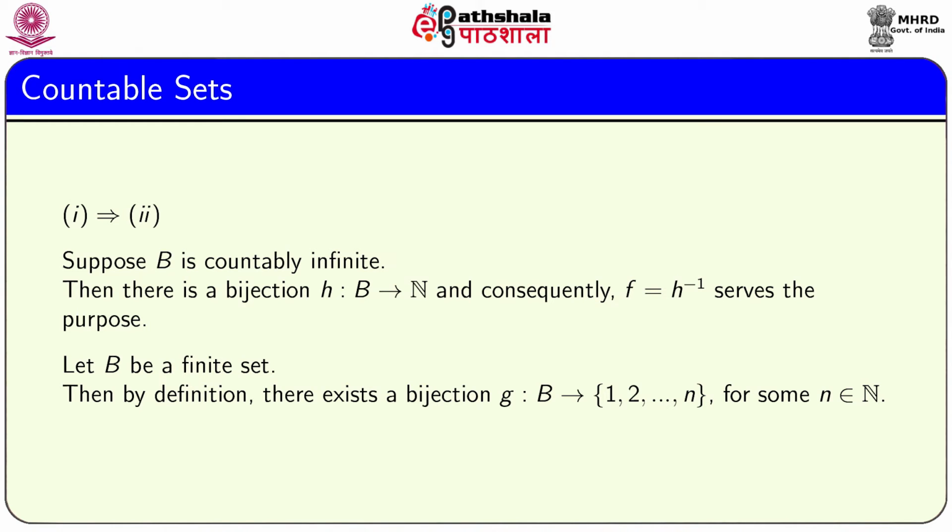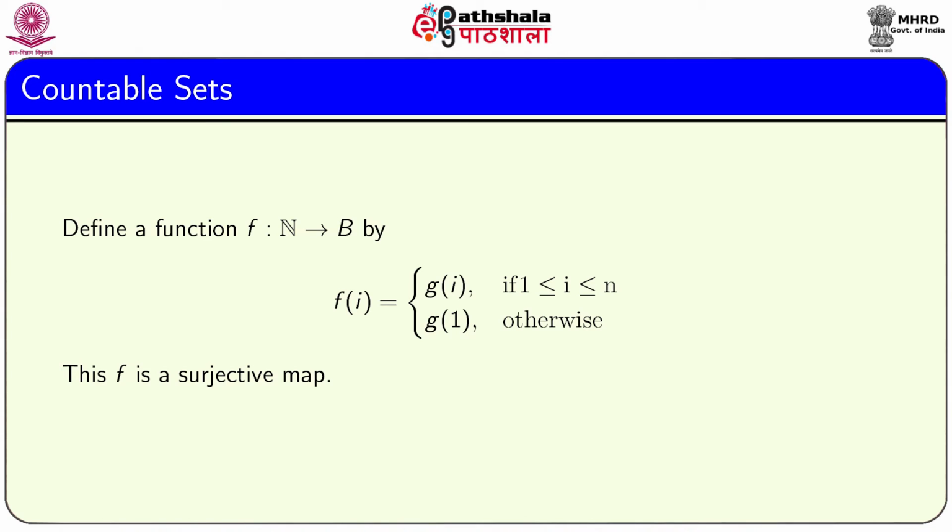In that case, the definition says that there is a bijection G from B to {1, ..., n} for some n belonging to N. Define a function F from N to B by F(i) equal to G(i) for i lying between 1 and n, and G(1) if i is taken outside, that means it is having the value starting from n plus 1. This F is a surjective map as desired.